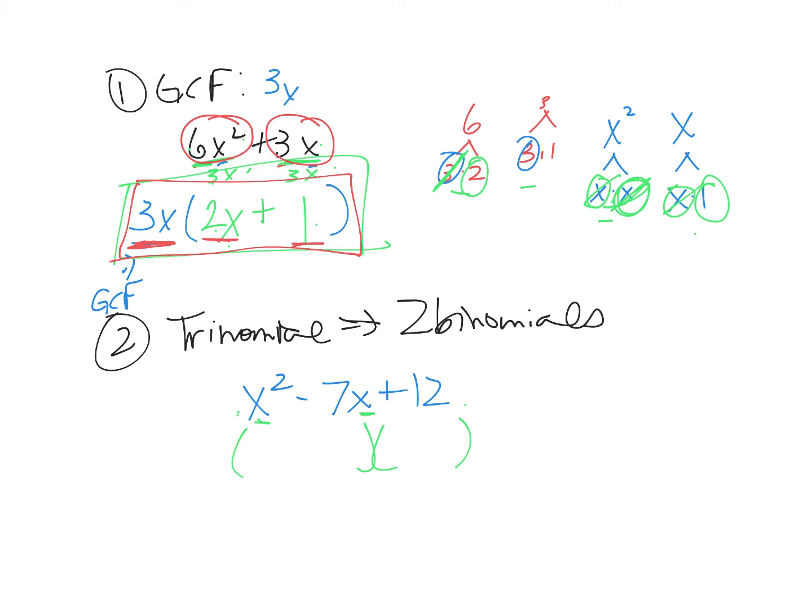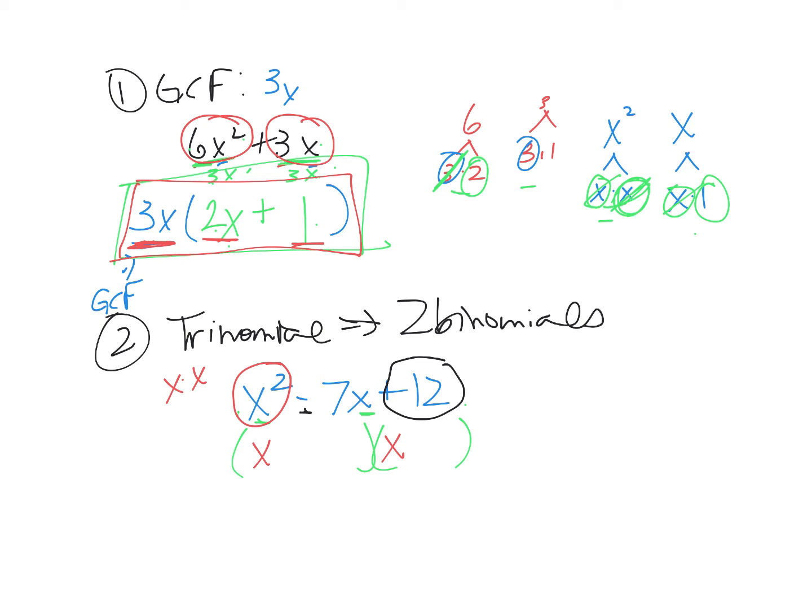So your first thing you're going to do is 2 things that I multiply together to get x squared. Well, the only thing I can do is x times x, right? Then the next thing you're going to do is 2 numbers that I multiply together to get 12, positive 12. But I'm going to have to do something with this negative right here.